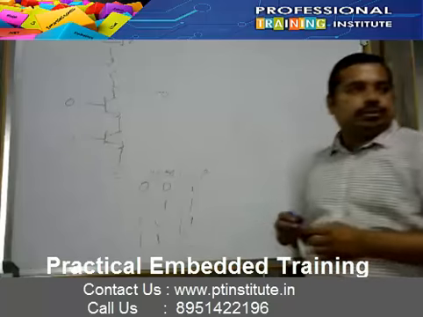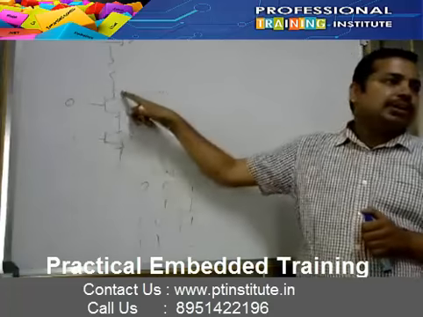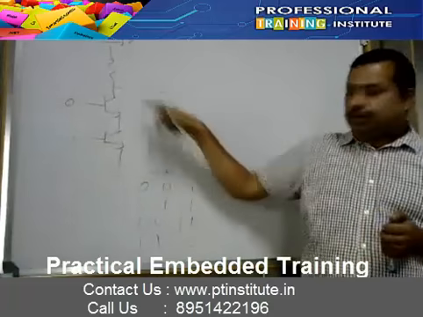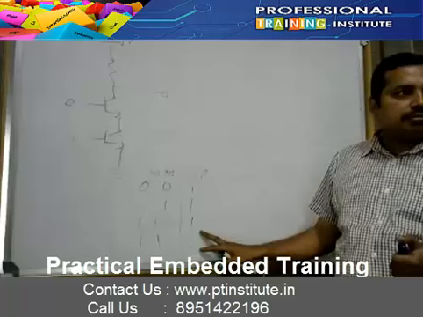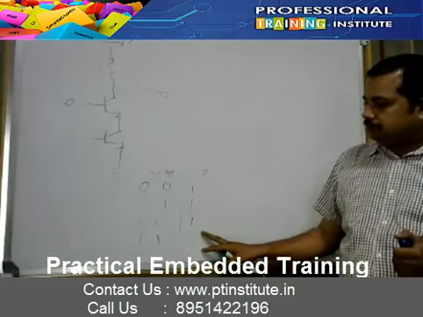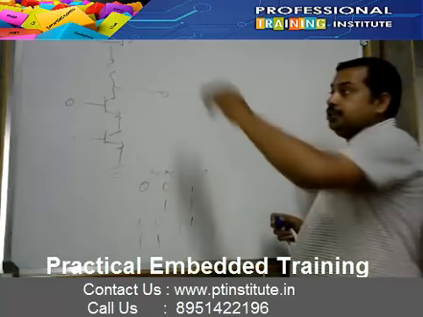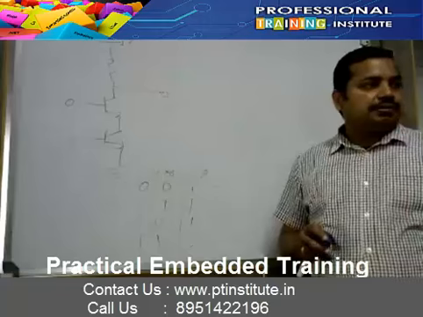I will get 0, okay? Because this ground will go here, and this ground will go here. I will get ground here. So which gate is it? AND gate. NAND gate. So this becomes a NAND gate.